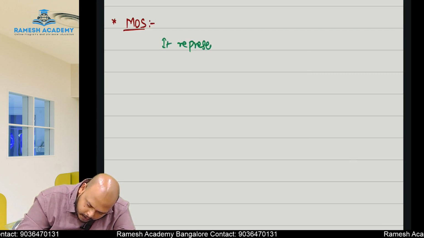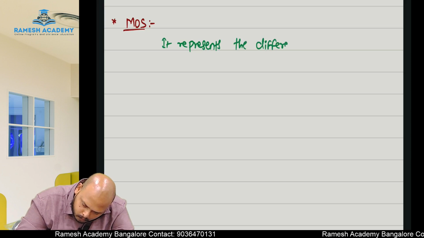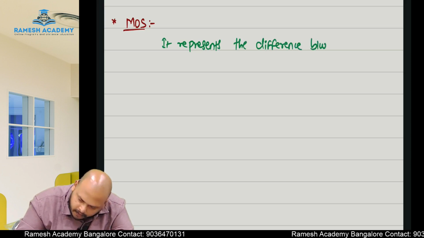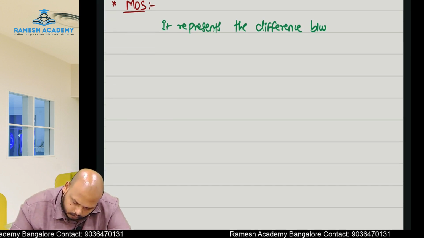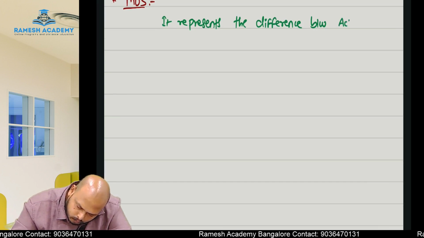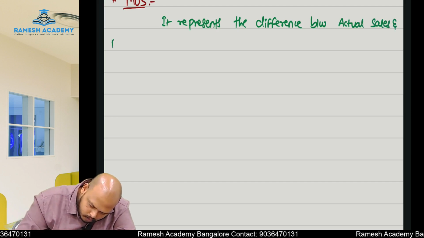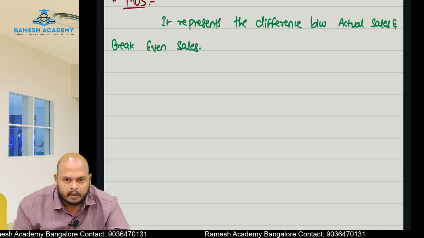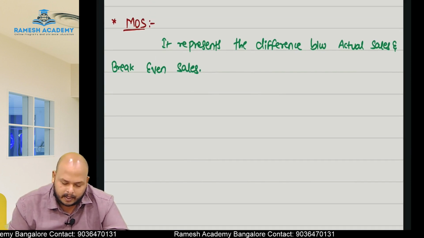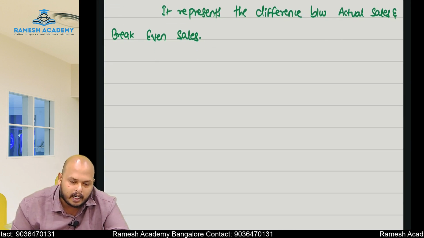It represents the difference between actual sales and break-even sales. It represents the difference between what? It represents the difference between actual sales and break-even sales. That we will call a margin of safety.